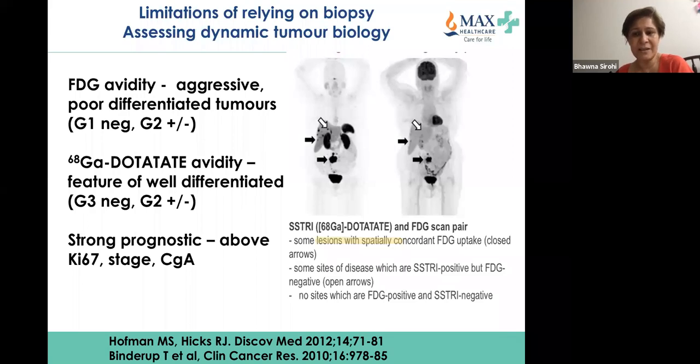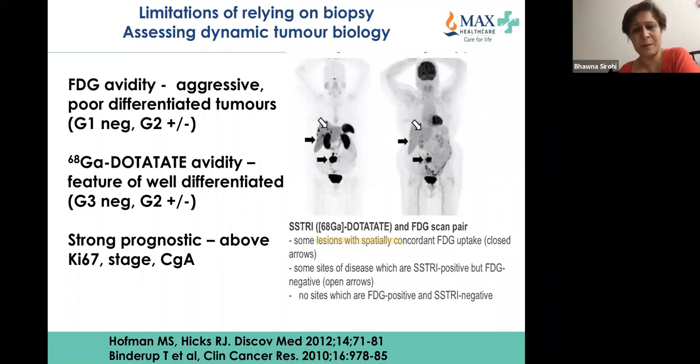FDG avidity is usually synonymous with aggressive, poorly differentiated tumors, and DOTA avidity is usually synonymous with well differentiated or intermediate differentiated tumors. And a patient can have both. So you may have a patient with a rectal cancer with liver mets, where the rectal cancer may be grade 1, but the liver mets may be grade 3.